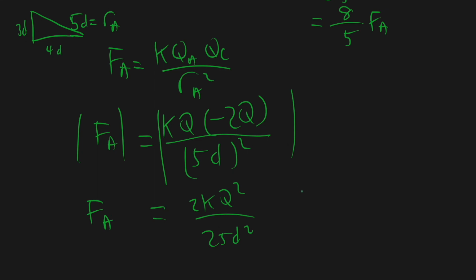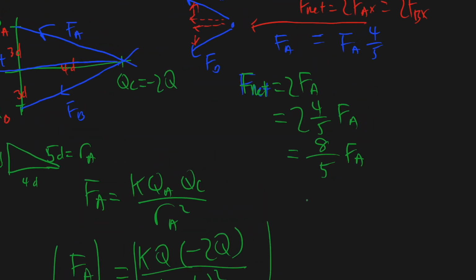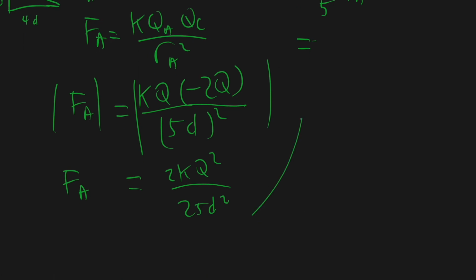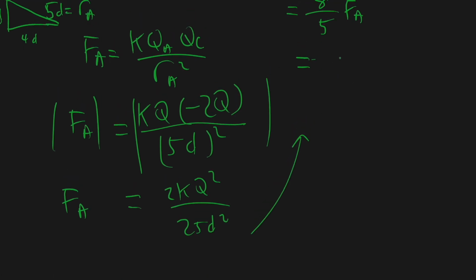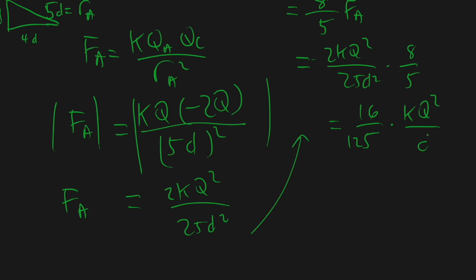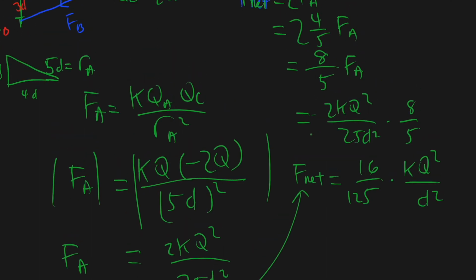Then FAX, so you can plug this equation in. FAX is gonna be equal to 2KQ square over 25D square times 8 over 5. So this is equal to 16 over 5 times, it's 16 over 125 times KQ square over D square. And this is equal to the net force.